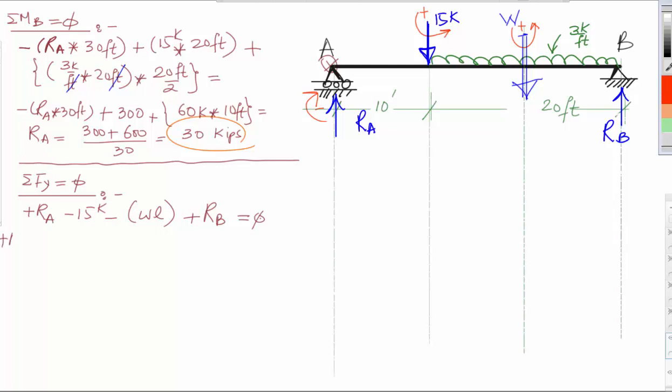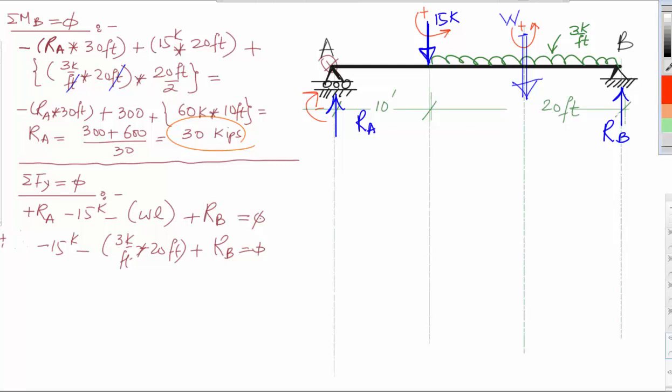So plus RA minus 15 kips minus W, which is 3 kip per foot, L is 20 feet, plus RB, which is unknown, is equal to 0. I should have substituted RA, because I already calculated this one.